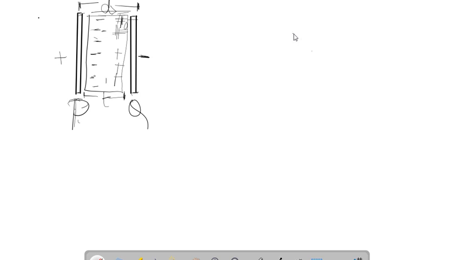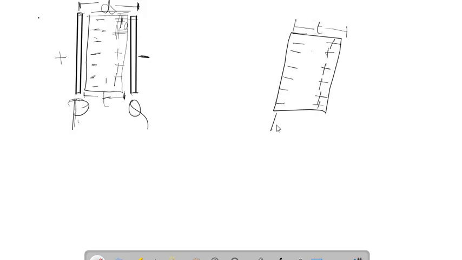Let me show you separately. This is the slab. The separation of the charges will take place due to the polarization, which is having the thickness T, and the electric field, that is E naught, will be like this.